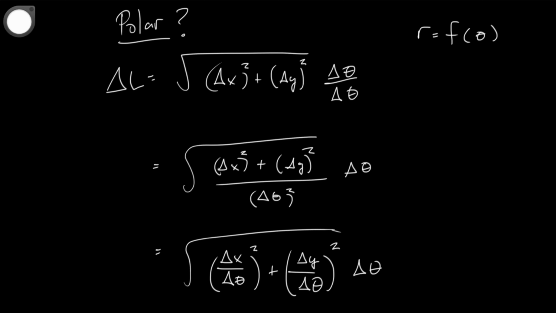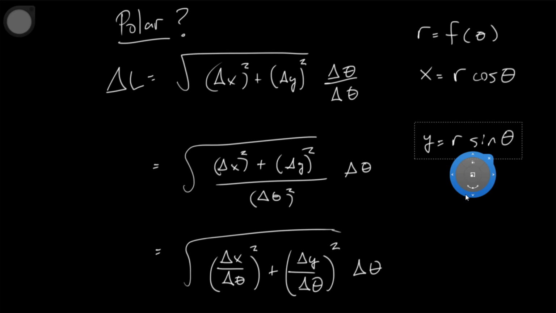Well, isn't polar just parametric? What is x in polar? X is r cosine theta. Y is r sine theta. So really, I probably should have given myself a little room. Let me move this down.